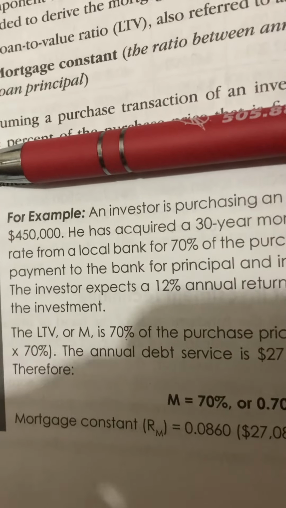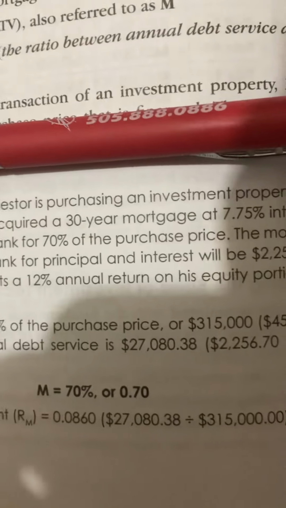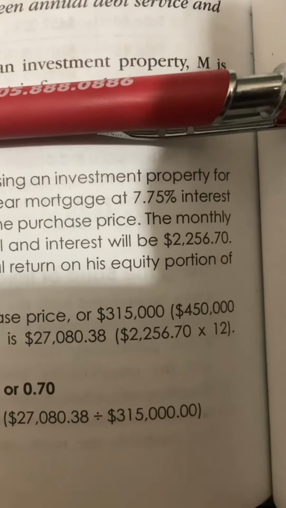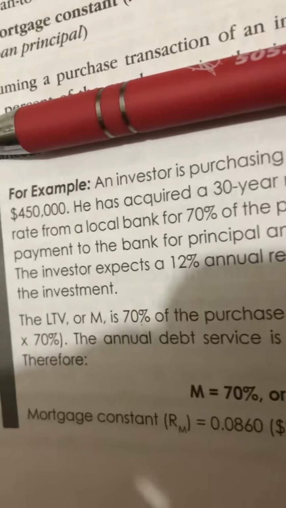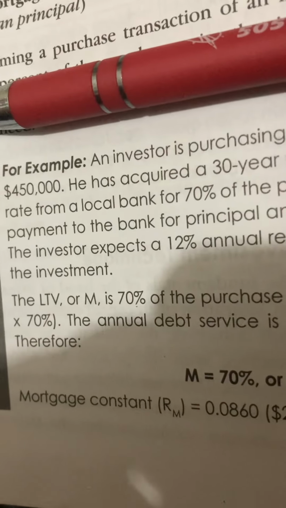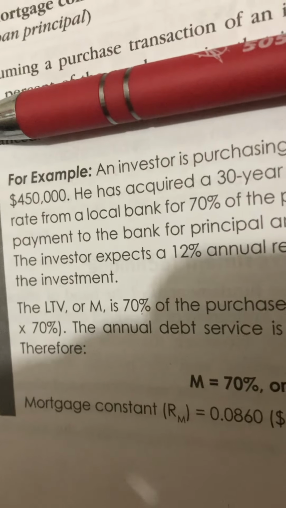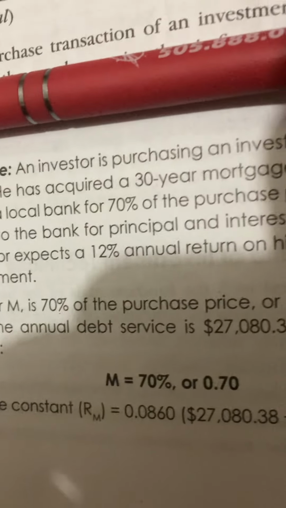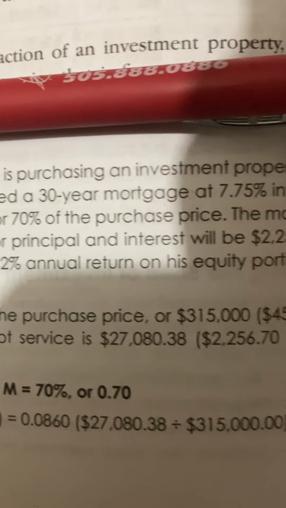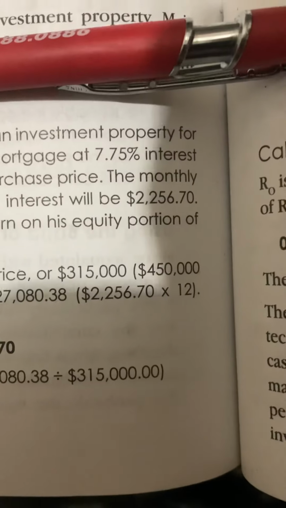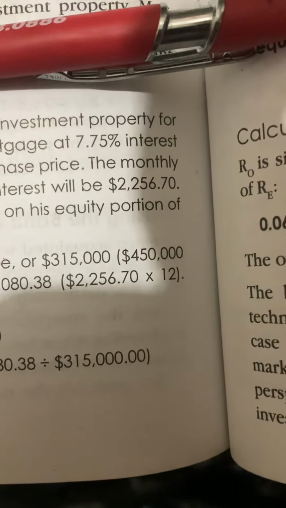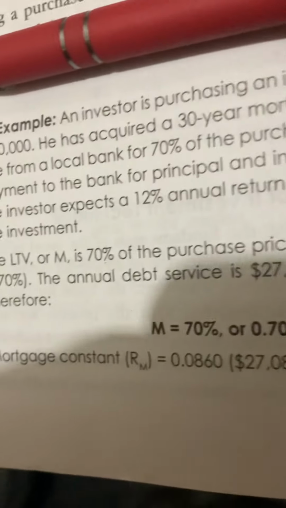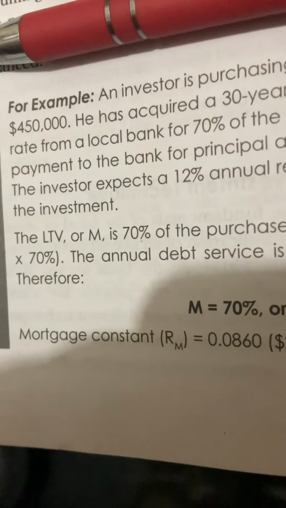The investor expects a 12% annual return on his equity portion of the investment. The loan to value, or capital M, is 70% of the purchase price, or it comes to $315,000. And then it says $450,000 times 70%.